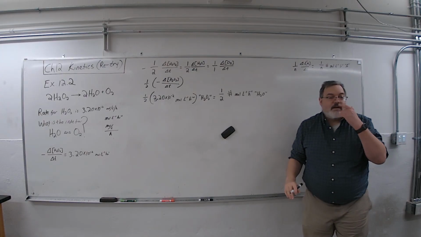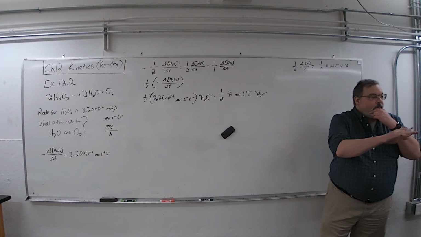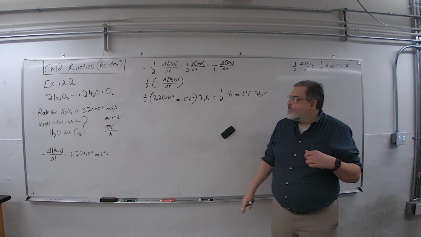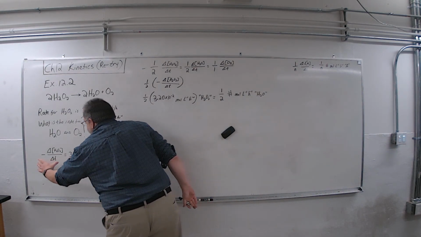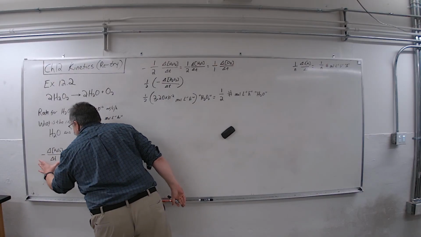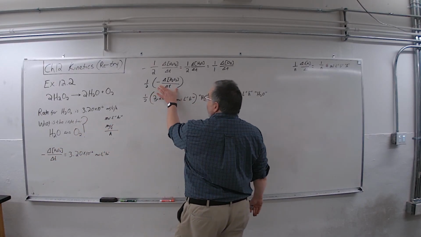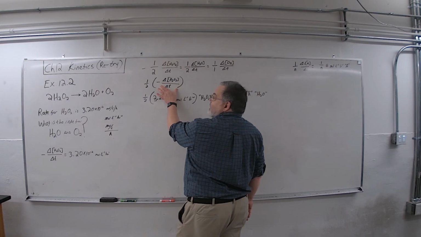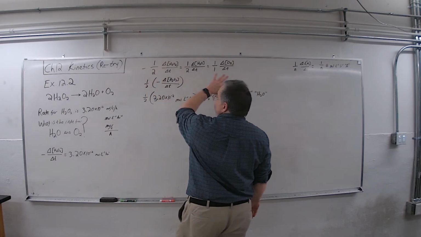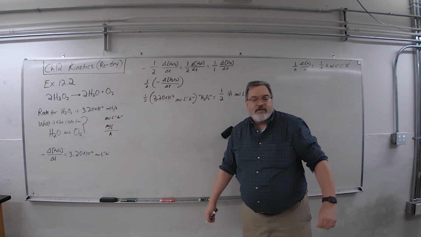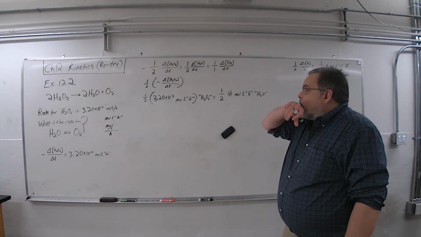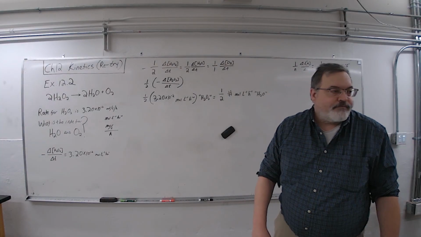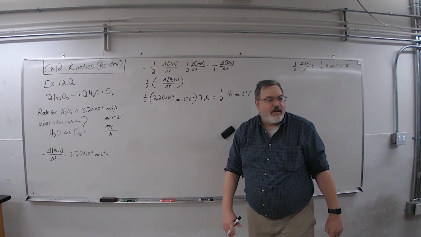Have I lost anybody yet? What happened to the negative? If this equals this, and I take this and stick it in here, the negative is gone. The negative is just part of that general definition, because rates don't make sense if they're negative. Anytime you get to here, the negatives are going to be gone.